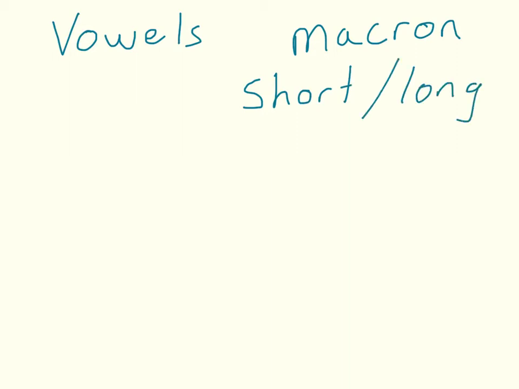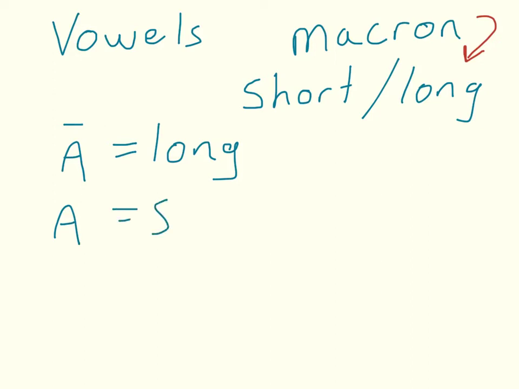A macron will make a vowel long. What a macron looks like is we have our letter A, and if we put a line above it, we have made a macron, and we've made that long. So that's long, and an A that is missing that macron is short.